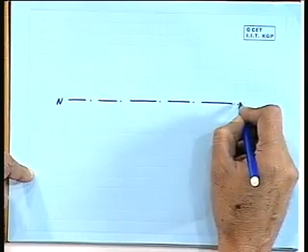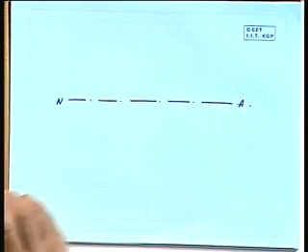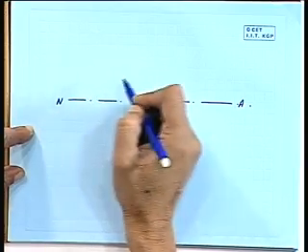Say this is the neutral axis, and I open up this from center line to center line.